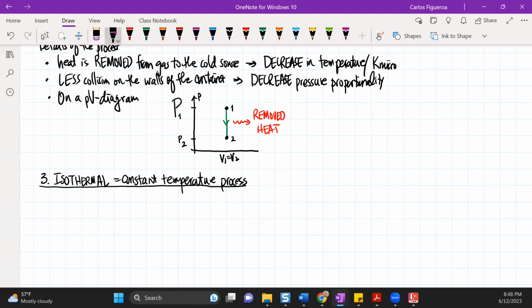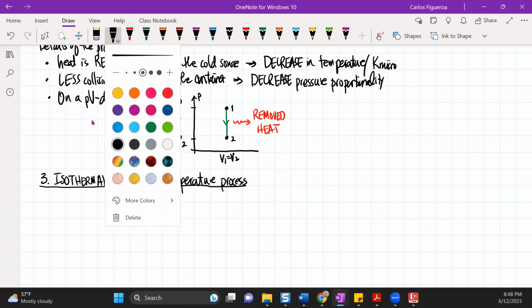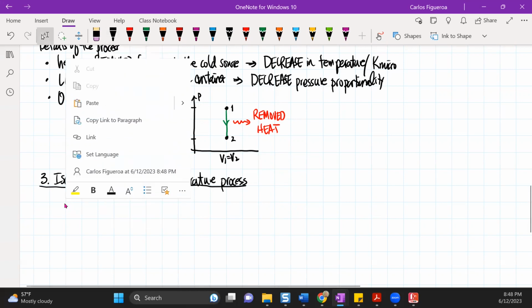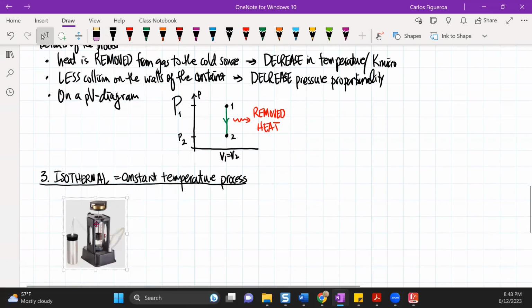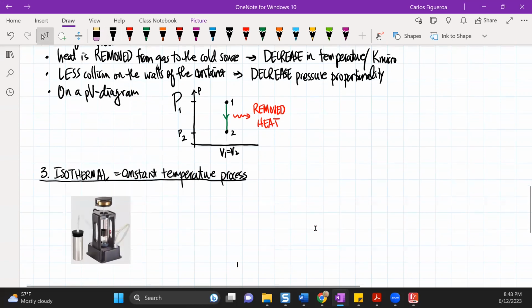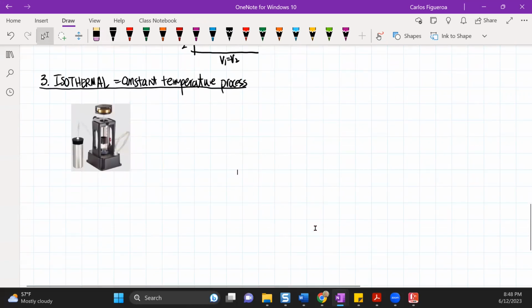So here we go. Now what I want to do is set you up so you know what we're looking at. The first thing we need to do is look at our piston. When you look at the piston, you're seeing that our gas is contained not only in the canister, but also inside the piston.